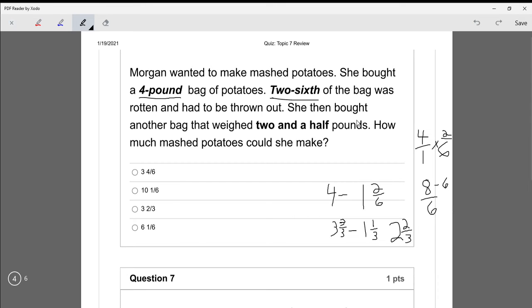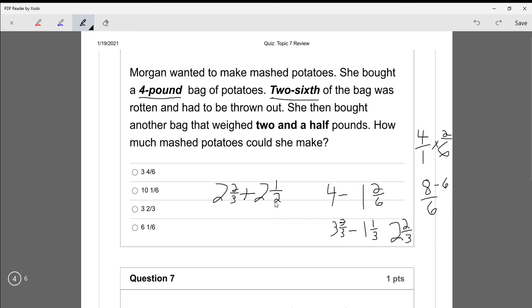And then it says she then bought another bag that weighed 2.5 pounds. How much mashed potatoes could she make? So that means that we have to add 2 2/3, which is what she had, plus the new bag, 2.5.